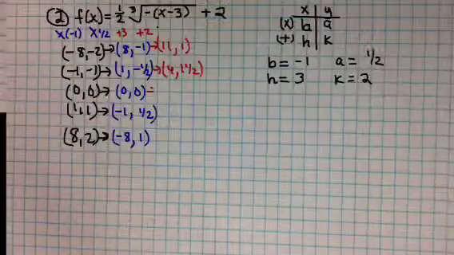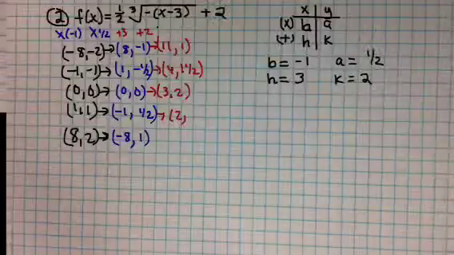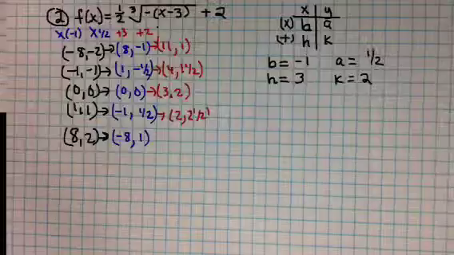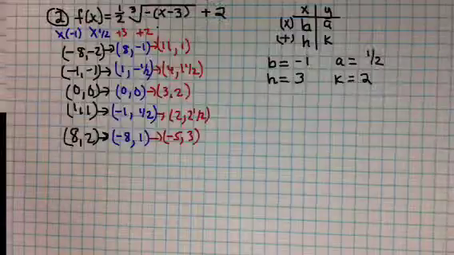And then 3, 2, because 0 plus 3 and 0 plus 2. 3 minus 1 is 2. And then 2 plus 1/2 is 2.5. Okay, and then finally, -8 plus 3 is -5. 2 plus 1 is 3.